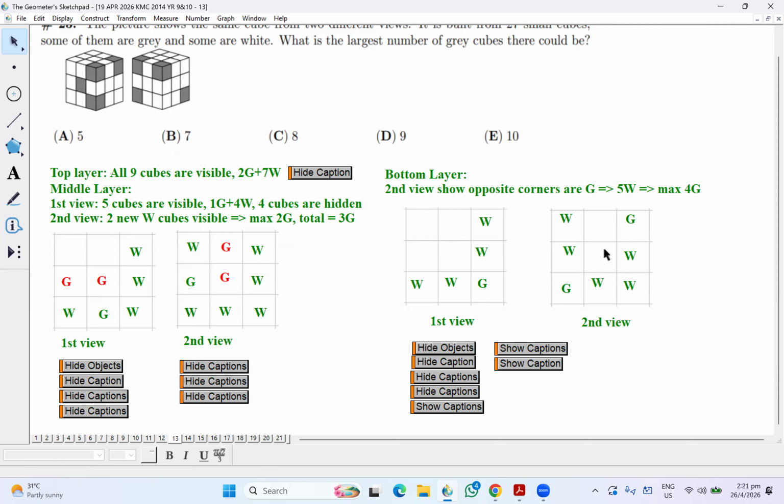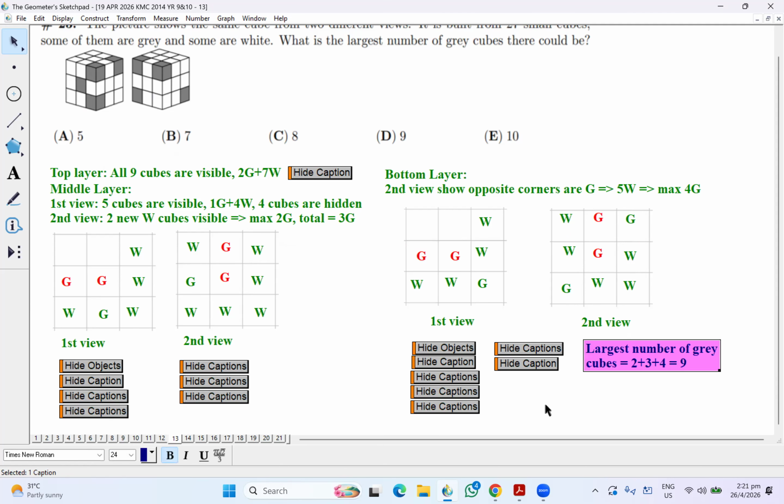Already got 2 gray, add 2 more gray. Then the 2 more gray here, so this one is already gray. So 4 gray, 2 plus 3 plus 4, 9 gray.